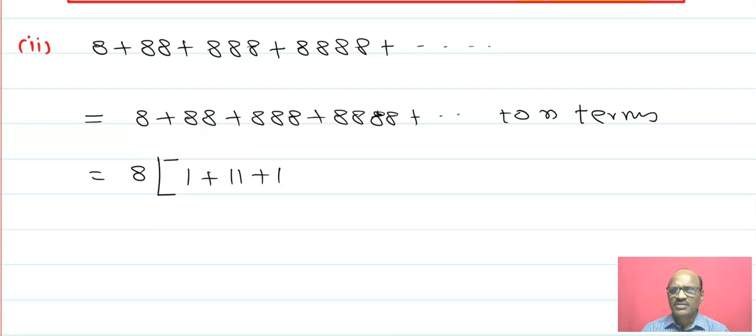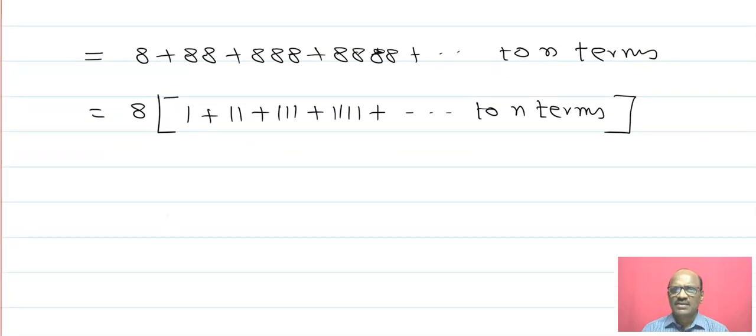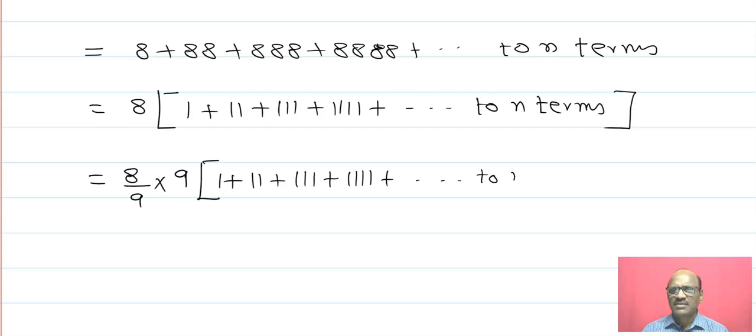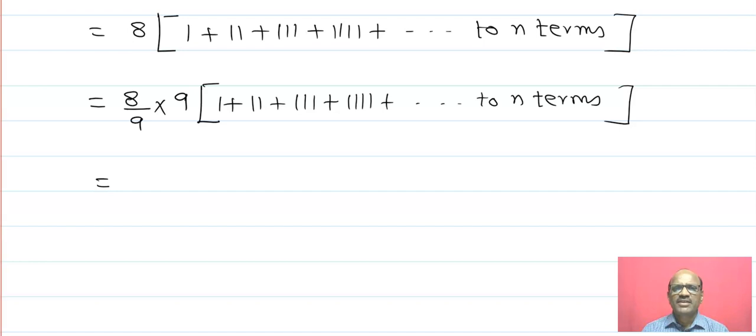Take 8 as common, then in bracket you will get 1 plus 11 plus 111 up to the n terms, and therefore again multiplied numerator and denominator by 9, then in square bracket 1 plus 11 plus 111 up to the n terms. After multiplying, you are getting 8 upon 9, that is 9 plus 99 plus 999 up to the n terms.